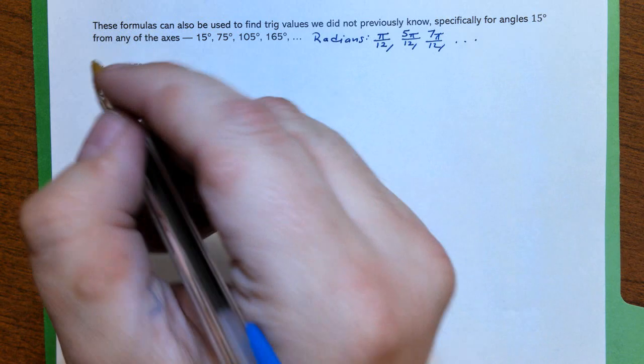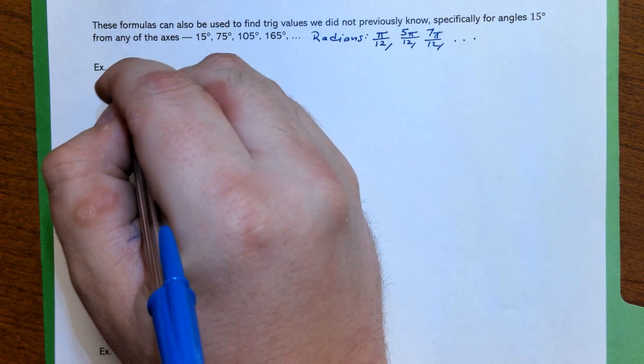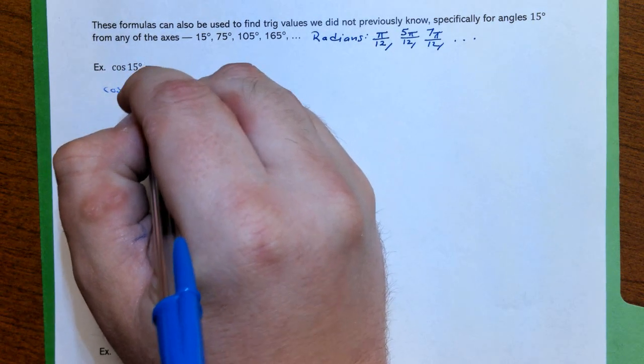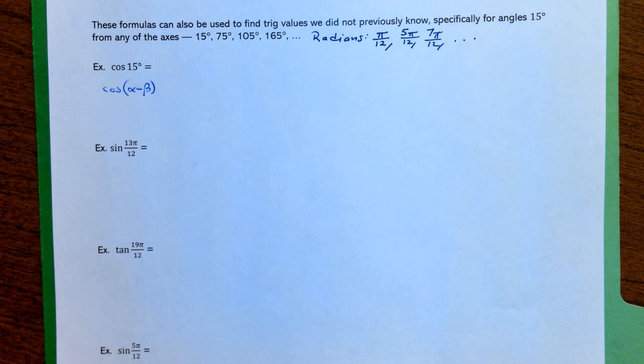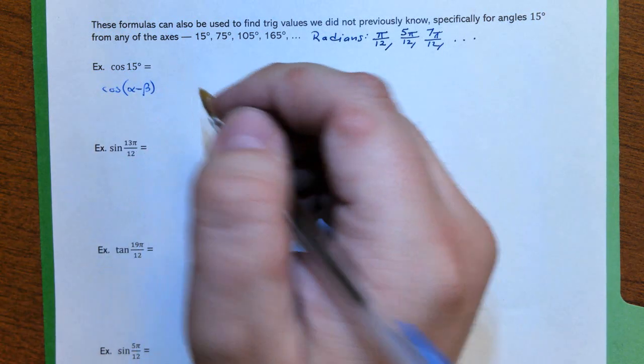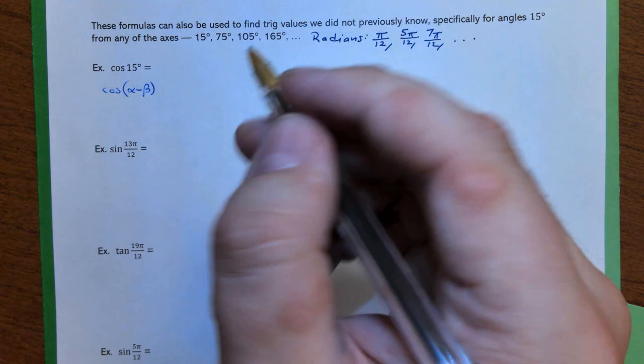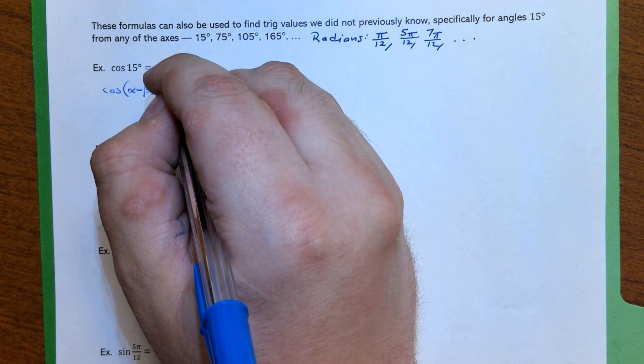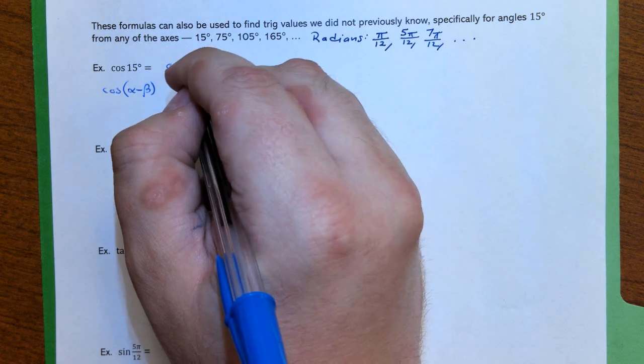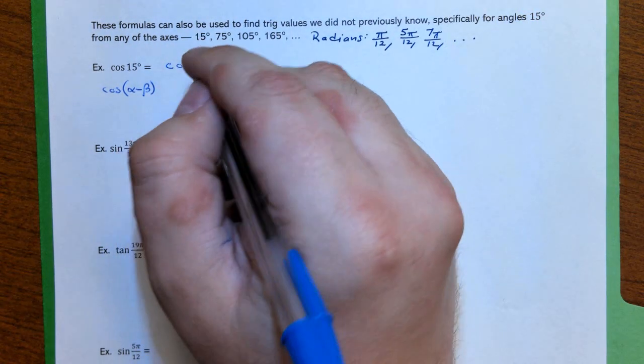But what I'm definitely going to do is use the cosine of a difference. I'm going to use cos alpha minus beta. As I said, I can do 45 minus 30, or I can do 60 minus 45. Either one will work. I am going to choose randomly to just do 45 minus 30.